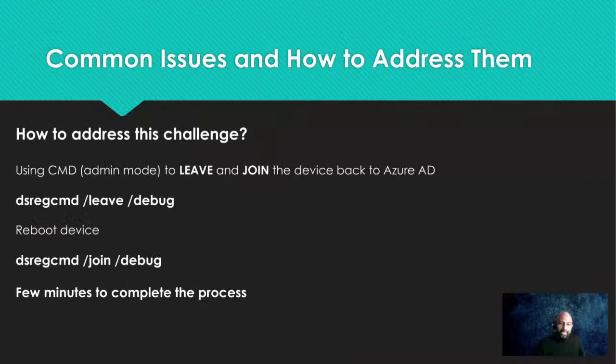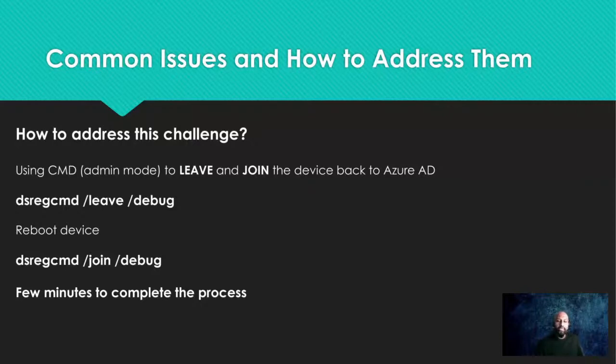So this is how you can address this challenge and fix the issue. Unfortunately, this has to be done computer by computer, unless you have a different way of scripting it, in which case you can use that method. Otherwise, it has to be done from an elevated CMD.